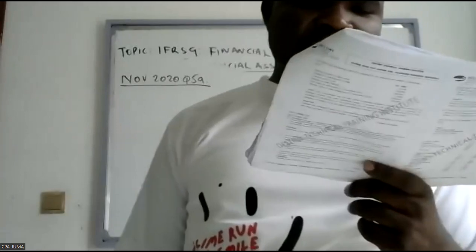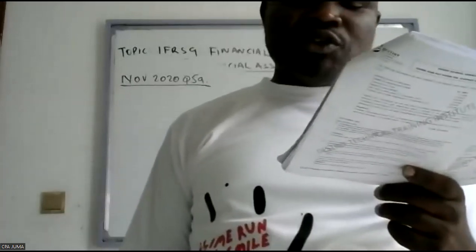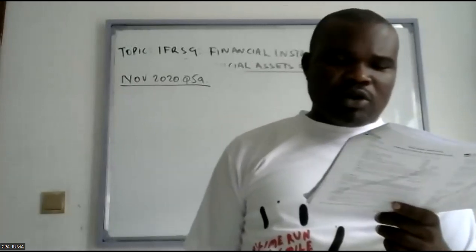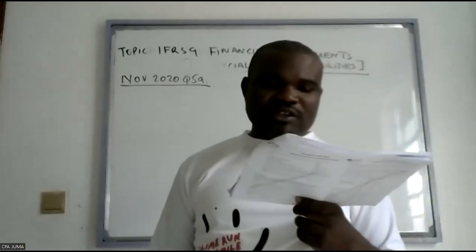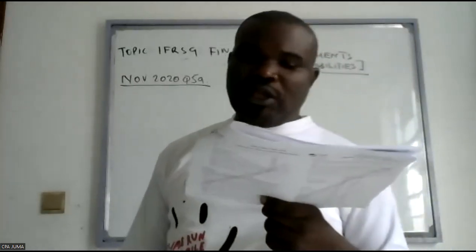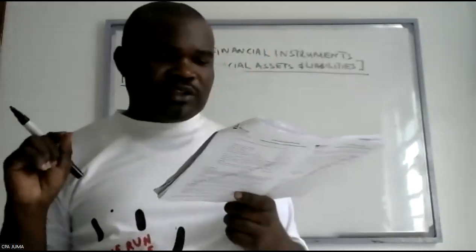Dodoma Limited wishes to account for the bond using the amortized cost method as per IFRS 9 Financial Instruments. However, there is some confusion about how the bond should be accounted for. There's a lot of confusion. They don't know what to do. The cash received from the bond issue of 95 million, because they issued 1 million bonds at 95, so they received a total of 95 million, has been recognized as a non-current liability.